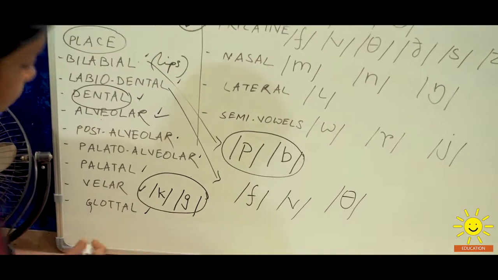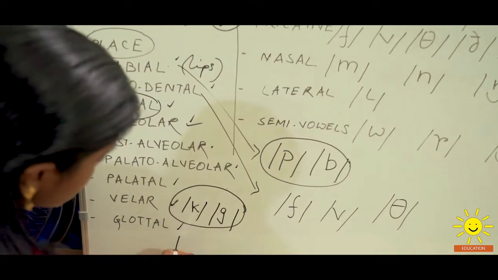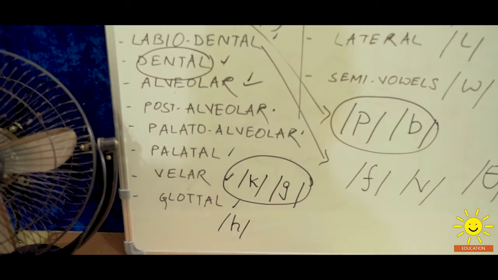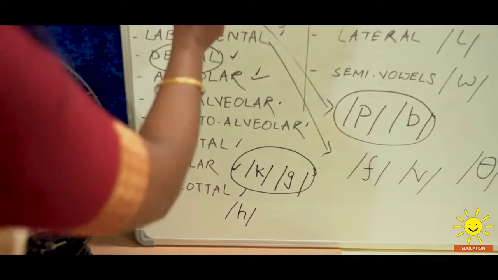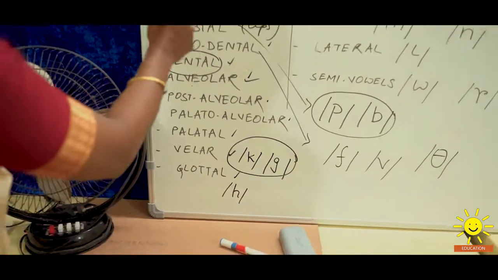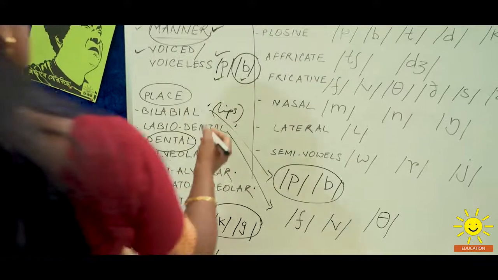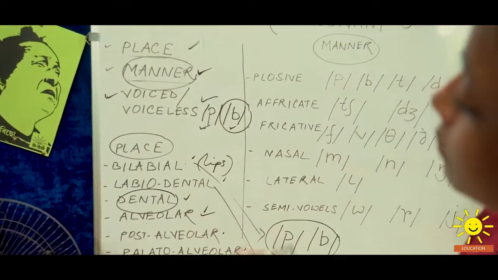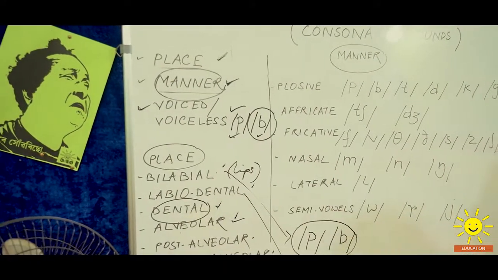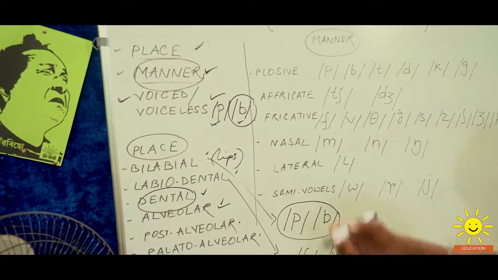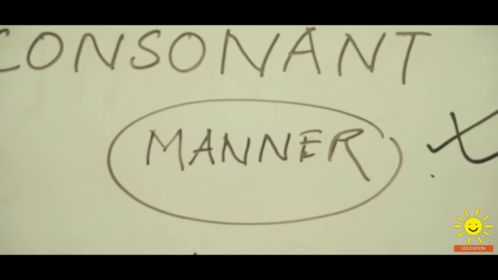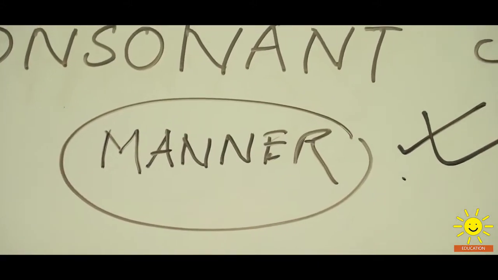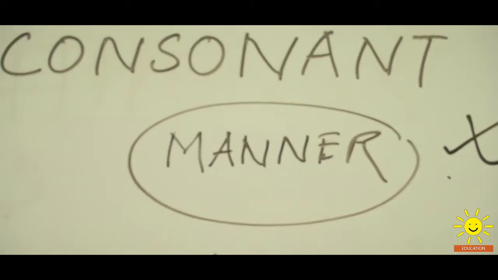Glottal, which involves vibration in the vocal cords, for instance, h. This is the glottal consonant sound. So, dear students, as far as the place of articulation is concerned, we can have bilabial, labiodental, dental, alveolar, post-alveolar and such. After the place of articulation, let me now discuss the manner of articulation.